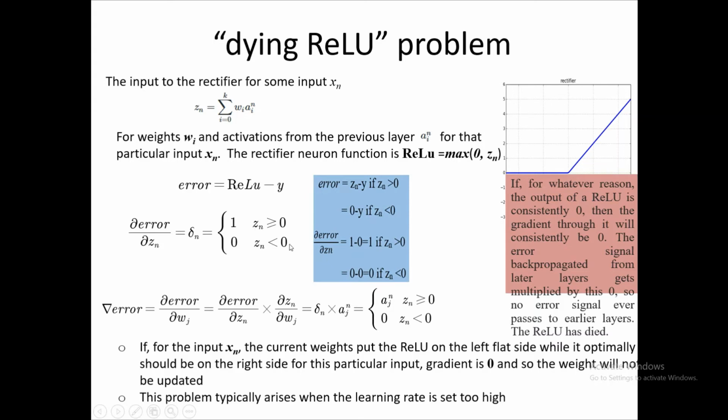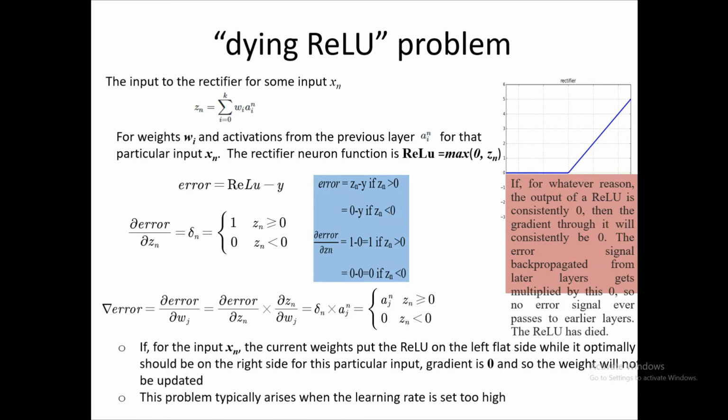When the input to the rectifier is positive, the derivative of the error with respect to this input is 1, and 0 otherwise, because the error is equal to Zn minus y if Zn is greater than 0, and 0 minus y if Zn is less than 0.